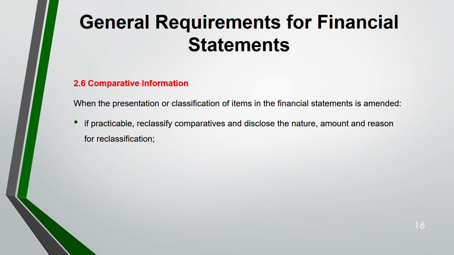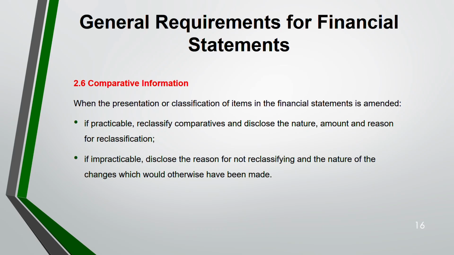Then only you can compare. And when you are doing so, not only reclassify, disclose it also. You have to disclose the nature of it, the amount of it, and the reason for reclassification. If it's not practicable, disclose the reason for not reclassifying and the nature of changes which would otherwise have been made if you would have reclassified.